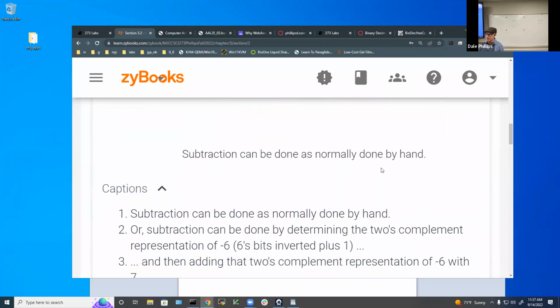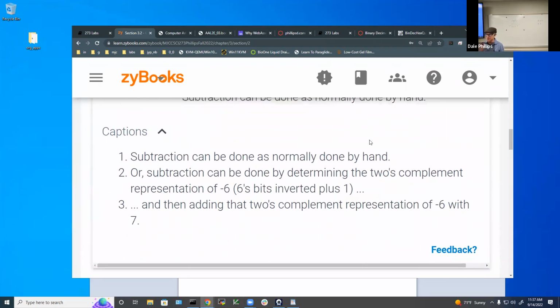Can normally be done by hand, but this is what's so cool. Subtraction can be done by determining the 2's complement representation of maybe -6, and then adding. All operations in binary can be reduced, if you want to say that word, into adding.